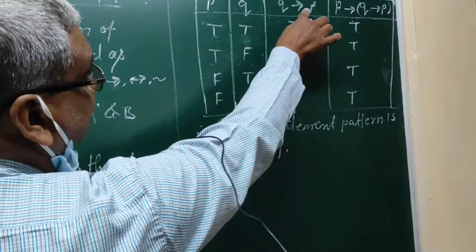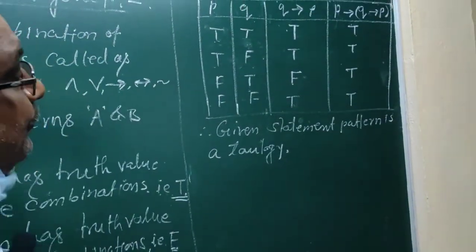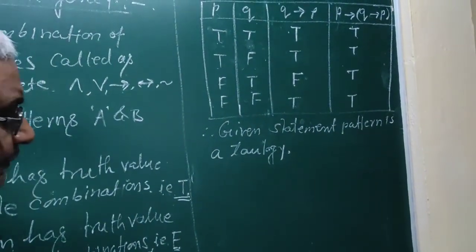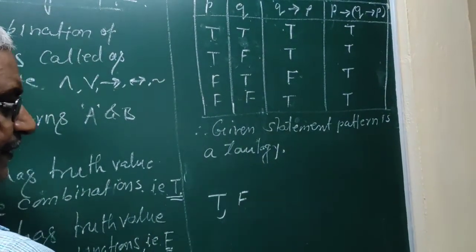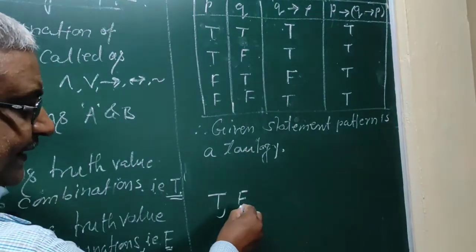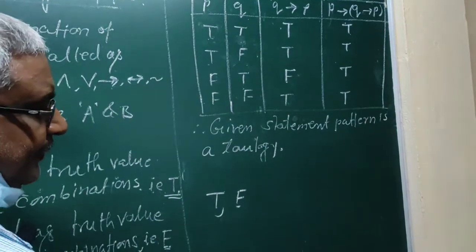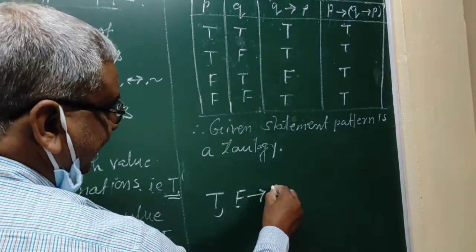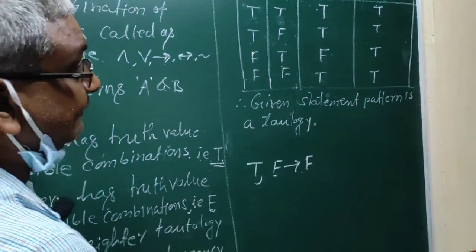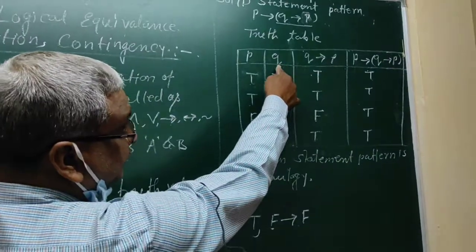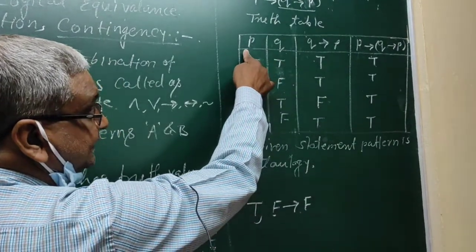And according to the rule of implication, we know that for the TF value, the first statement having the truth value T and the second statement having the truth value F, their implication is false only. That we have seen in the previous example. So here Q is the first statement, P is the second statement.